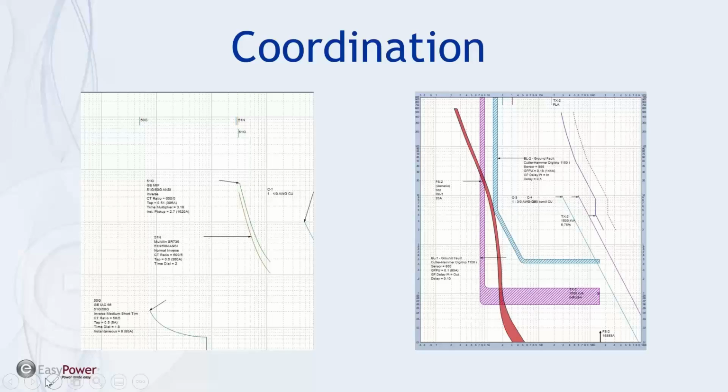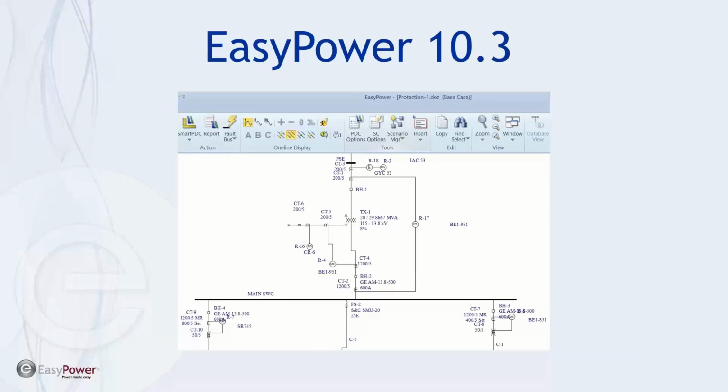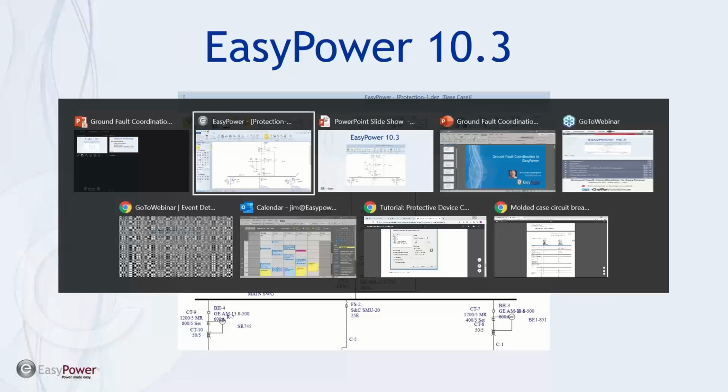Okay, so as I mentioned, we're going to try to illustrate some of these. It turns out there's an example in EasyPower, the sample folder, Protection 1, and as I indicated in the write-up for this webinar, frequently there are questions that come in on the same topic, and so we're going to try to touch on those, and those kind of fall into the category of common errors.